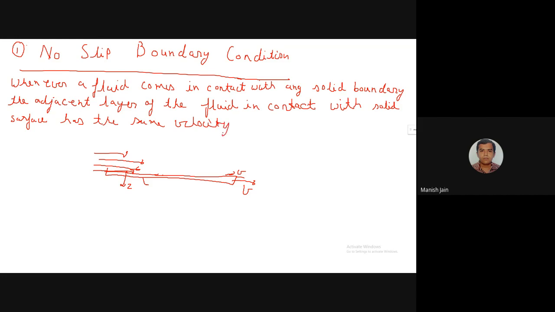So this is the most common assumption in fluid mechanics, and it is widely used, whenever you have to calculate the velocity, because all the friction, all the resistance comes from the solid surface.